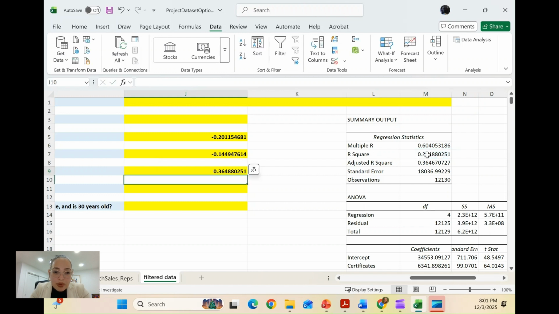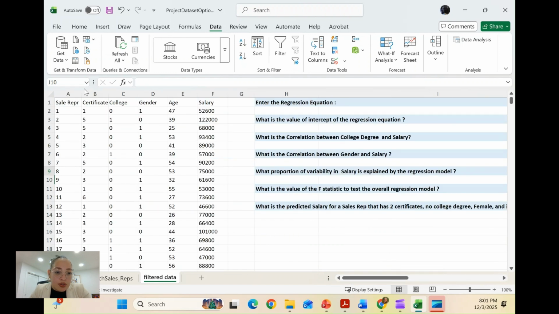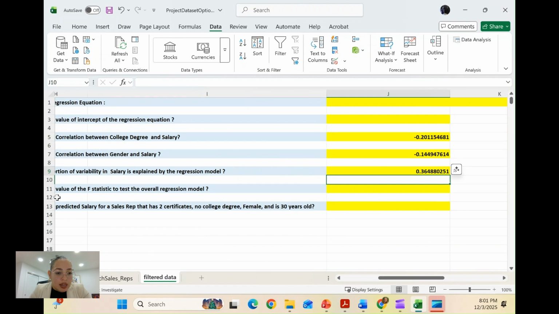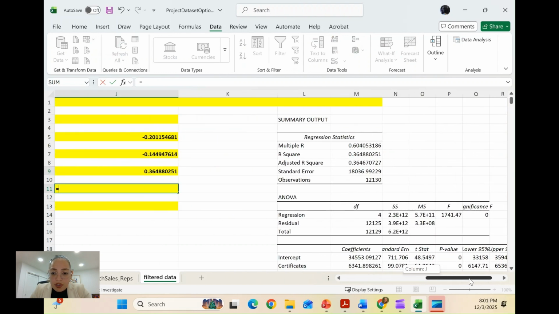So it means that 36% of the difference in salary for every sales representative is determined by these variables that we're using: the certificates they have, college degree, gender, and age. What is the F statistic? The F statistic is given by our regression model. It's here.